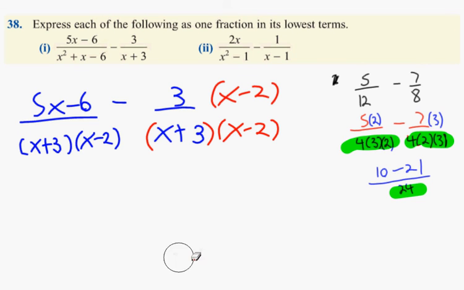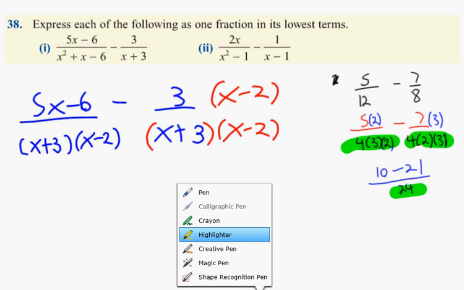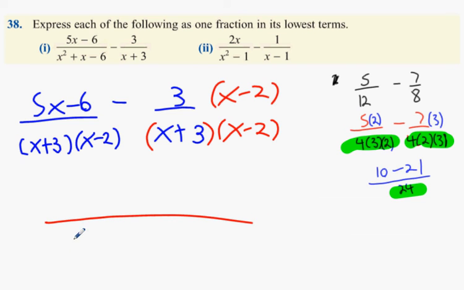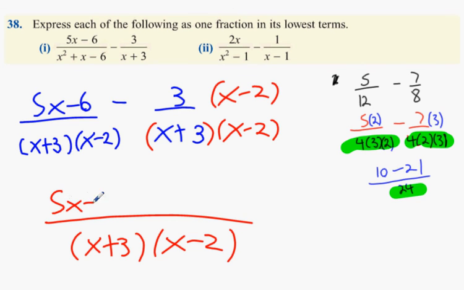No matter what's going on with the top, the bottom is going to read x plus 3, x minus 2. On top we have 5x minus 6, and on the top we have minus 3x plus 6. What happens to the 6's? 6's cancel, and after that 5x minus 3x, 2x, and I'm done. Okay.